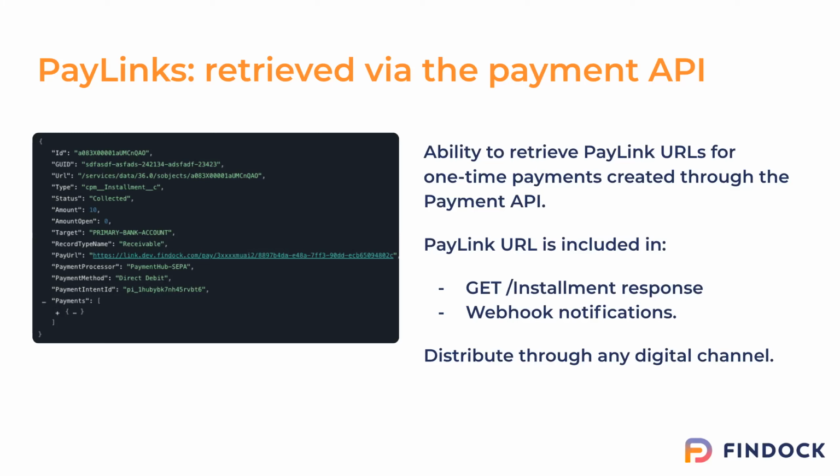And to that, we now added the FinDock Pay Link field. With that field, you are able to externally create a donation in the system and then, in near real time, get the pay link pushed to you that you can include in follow-up emails and other customer journeys.